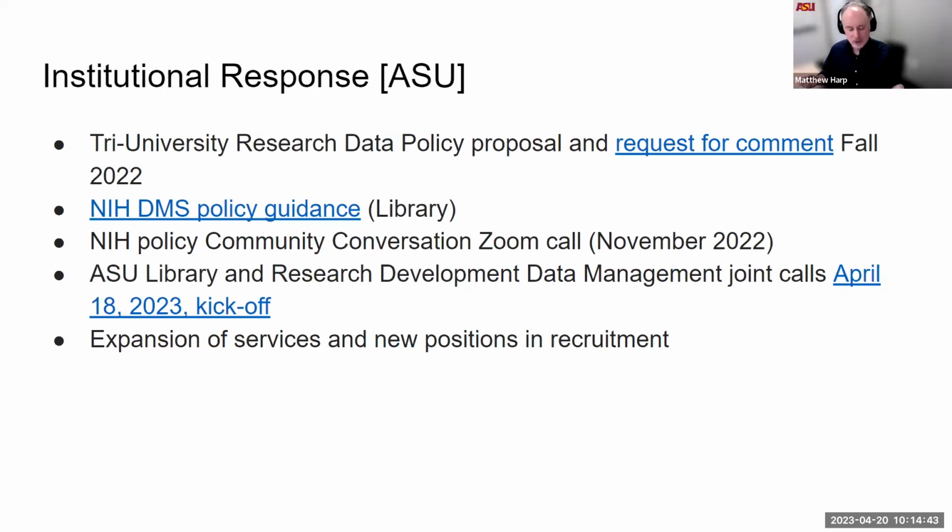That was a great opportunity, and it's given us a lot of data to start building future programming. In fact, just this week on Tuesday, we were a part of a researcher-facing research kickoff call on data management, which allowed us to talk about what resources are available at our university related to data management, planning, and sharing.